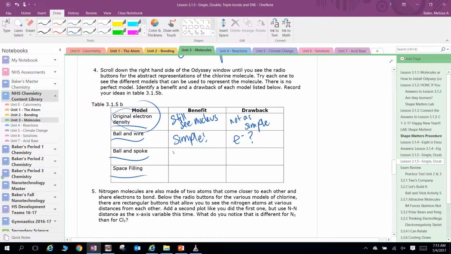The ball and spoke is also simple. I feel like that's what we're accustomed to seeing a lot of times too. Again, a drawback is where are the electrons. It's not really specifying the electrons versus the nucleus. And the space filling, the benefit is that we definitely see the electron cloud, but the drawback is we can't see the nucleus of each atom.